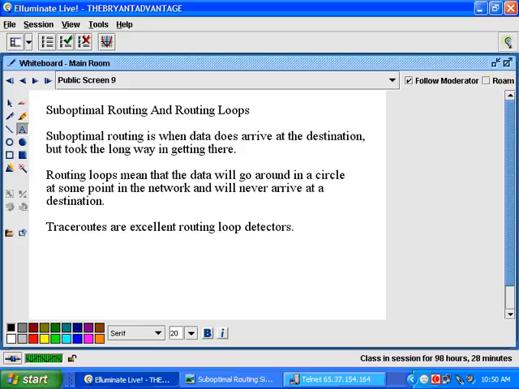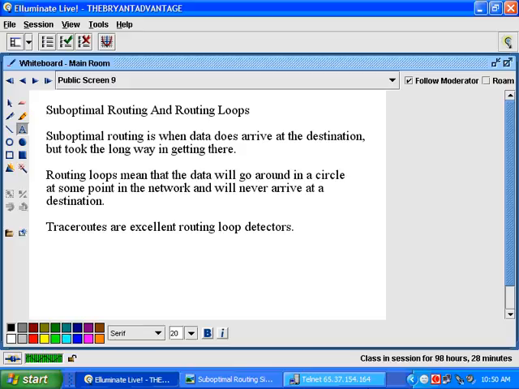And trace routes are excellent routing loop detectors. Pings are not going to show that. Pings are just going to finally time out or give you some really strange feedback. But with a trace route, what to look out for is seeing the same 2 or 3 or 4 IP addresses continually showing up in your trace route.